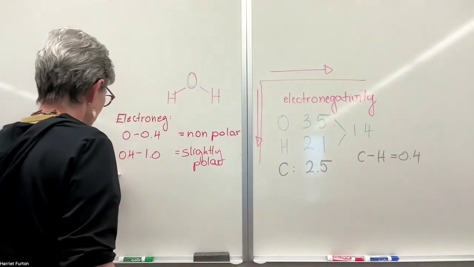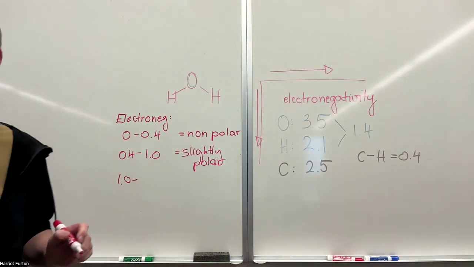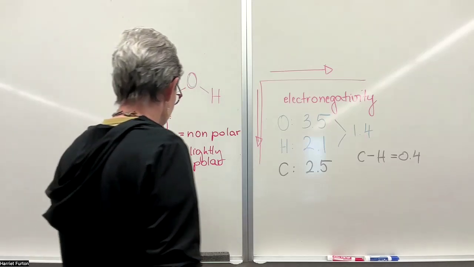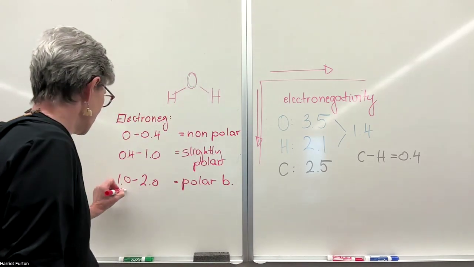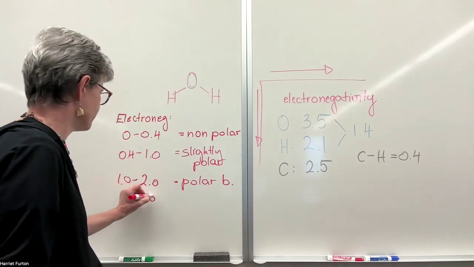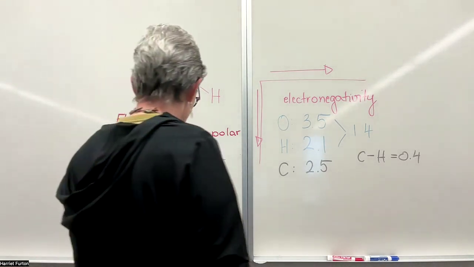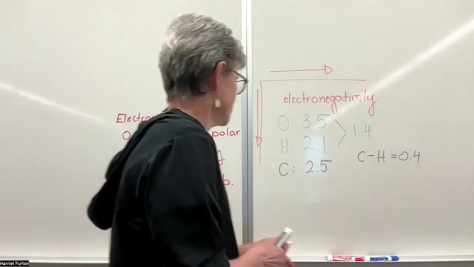If we go from 1.0 till 2, that is going to be a polar bond, and if the difference in electronegativity between the two atoms is higher than 2, it's going to be an ionic bond.